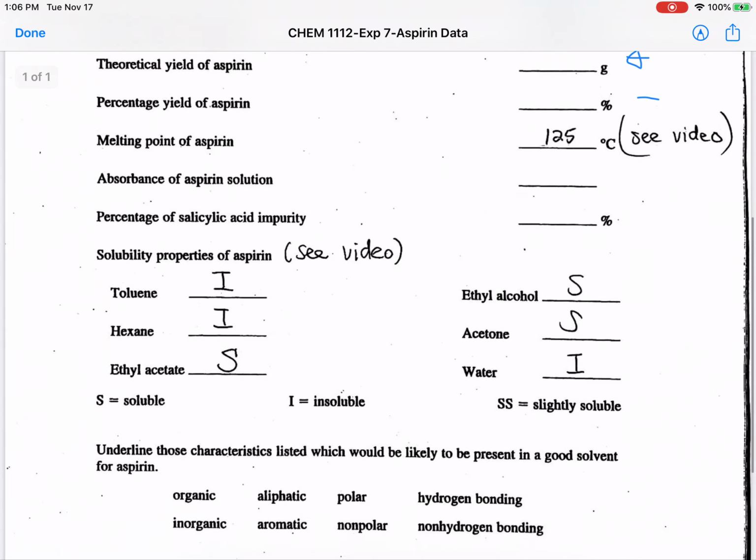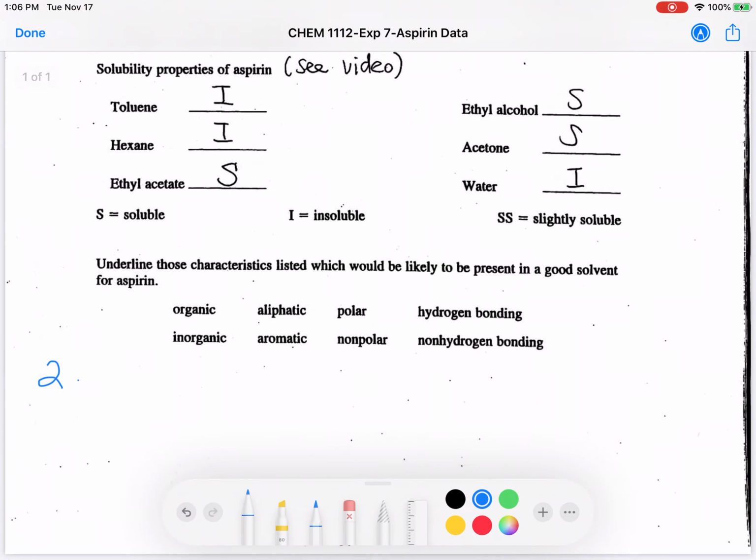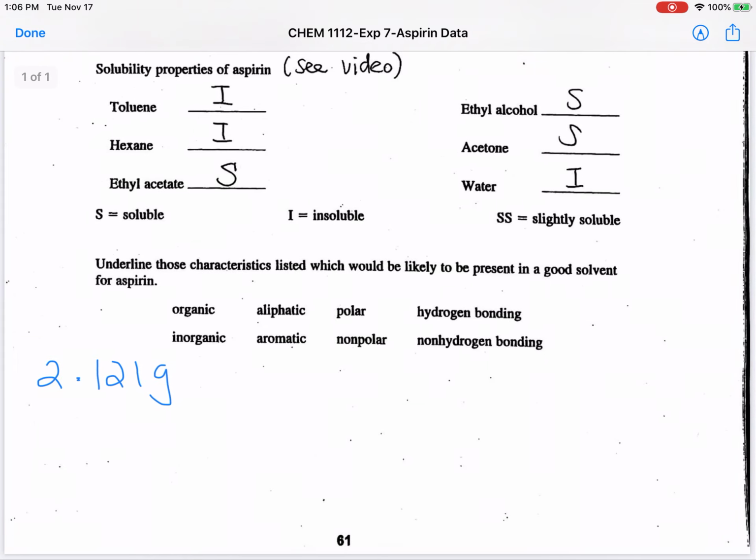In fact, 2.121 is our starting material. So you start with 2.121 grams of your salicylic acid.